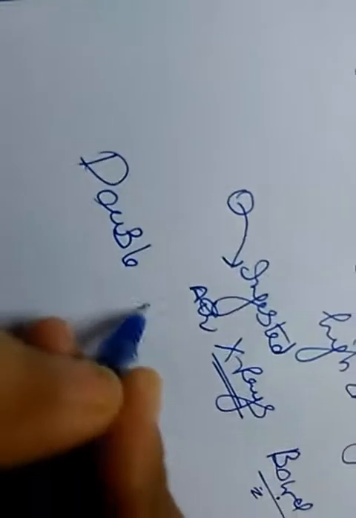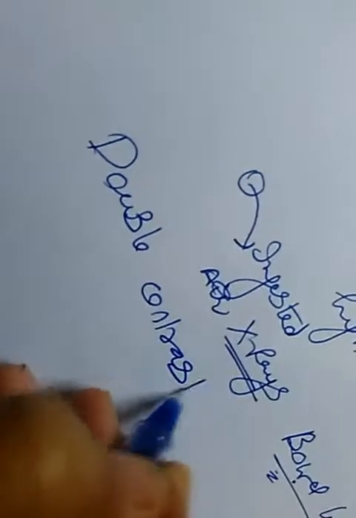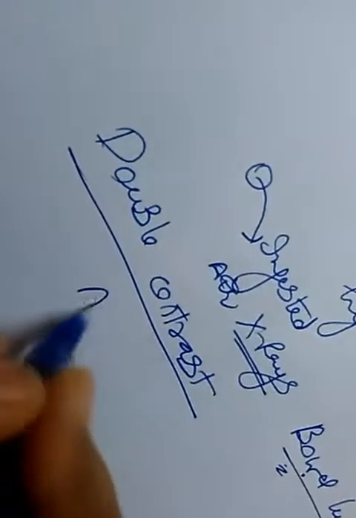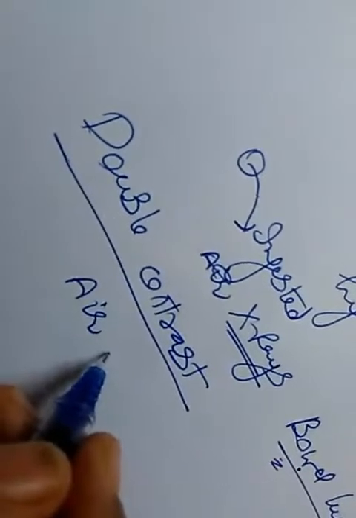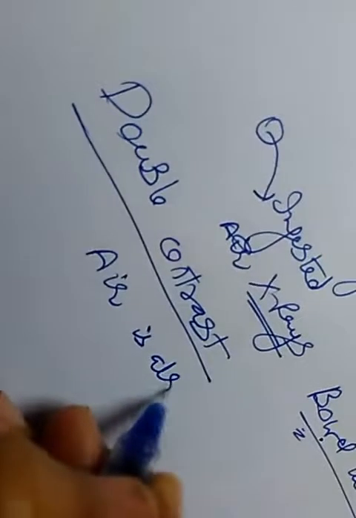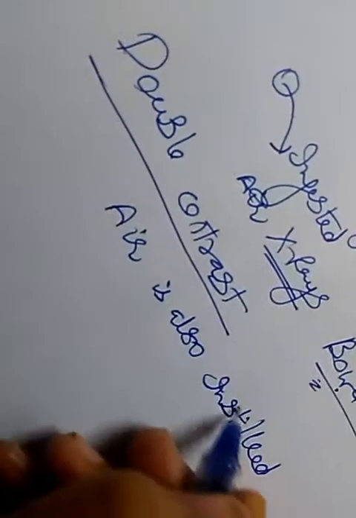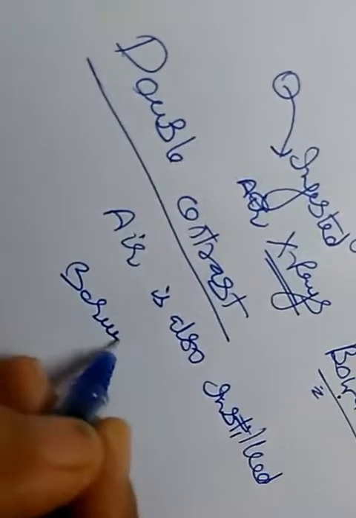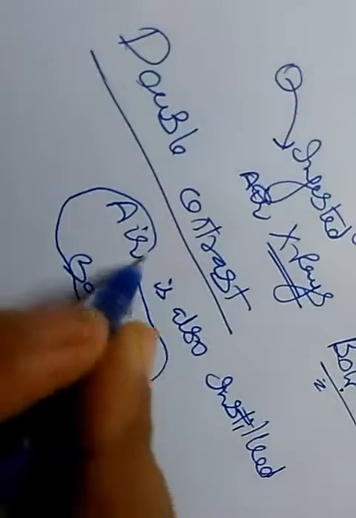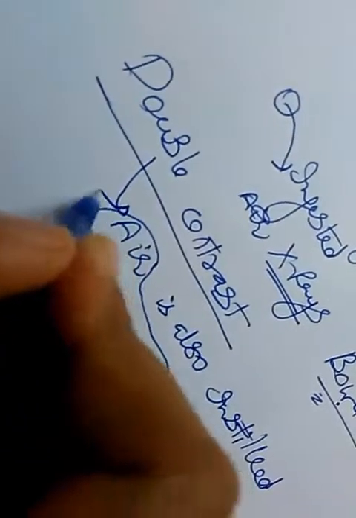And one is the double contrast study, in which air is also instilled. So both air and barium are used, and then it is called the double contrast study.